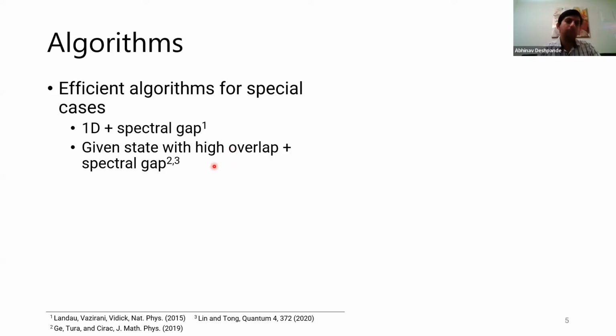Similarly, if we have a state with high overlap with the ground state and also the existence of a spectral gap, then there's a quantum algorithm to find the ground state.